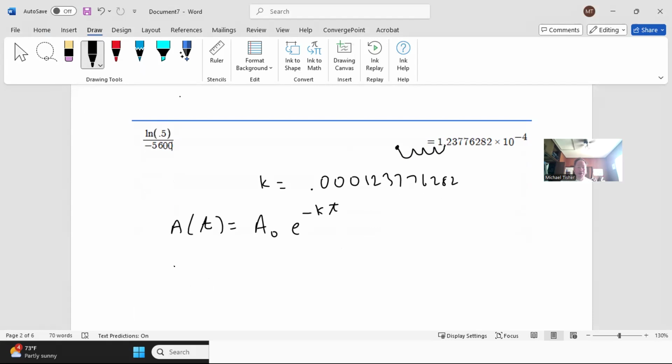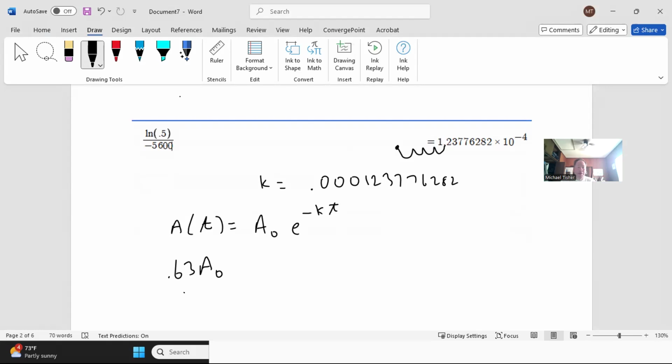Now A of t is what we're trying to find. Actually, we already have it. We're talking about when A of t is actually equal to 0.63 a sub 0.